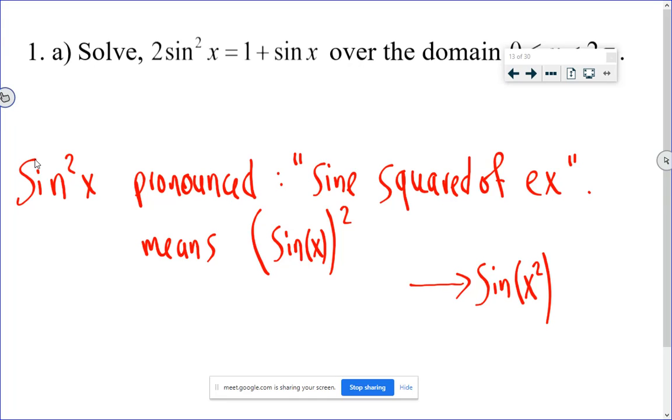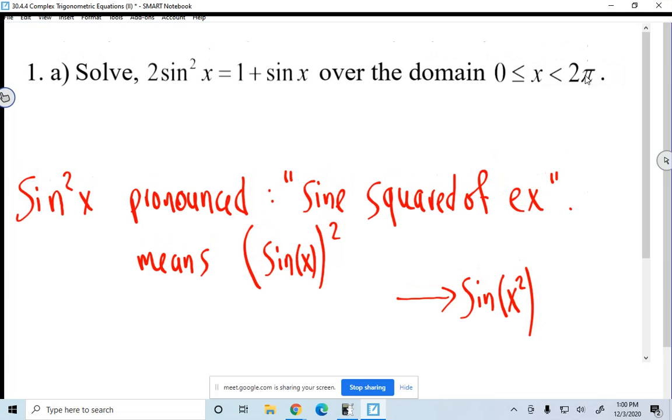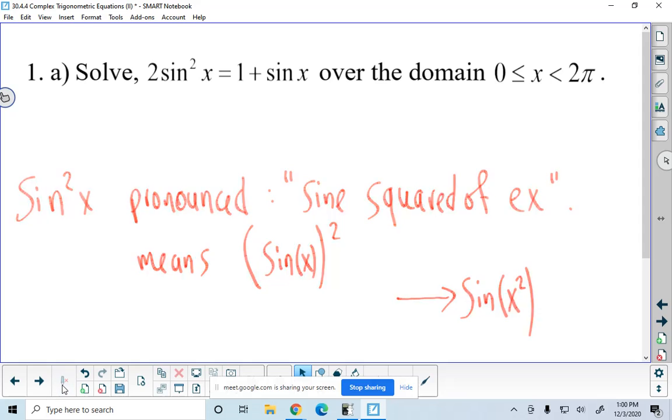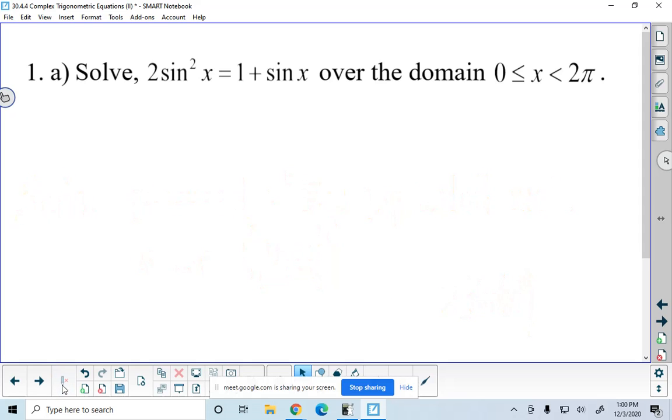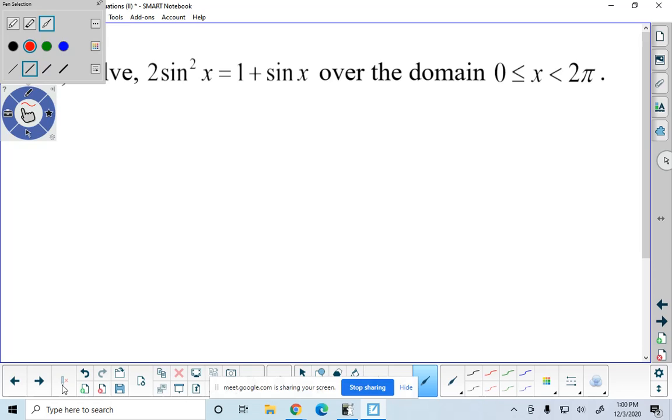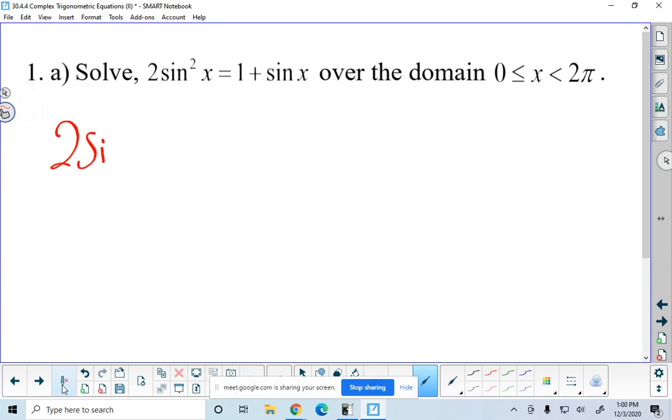So that's just a quick briefer on how to pronounce that and what it means. So this is quadratic because there's a squared on a variable. That means I have to zero the quadratic equation and write 2 sine squared of x minus 1 sine of x minus 1 equals 0.